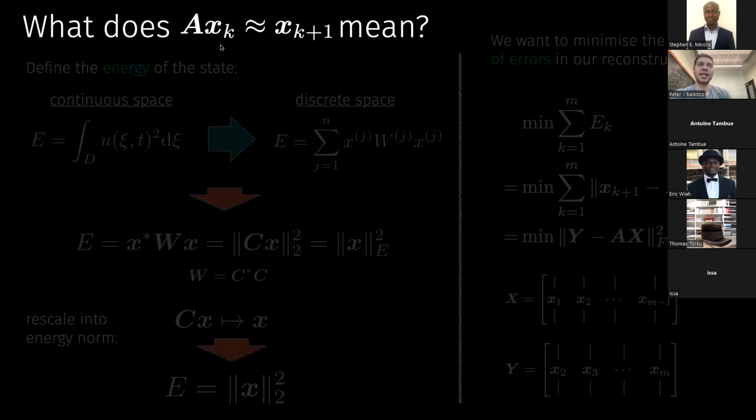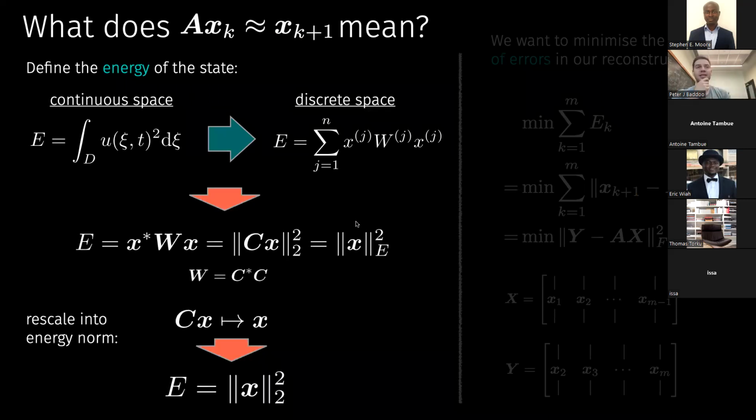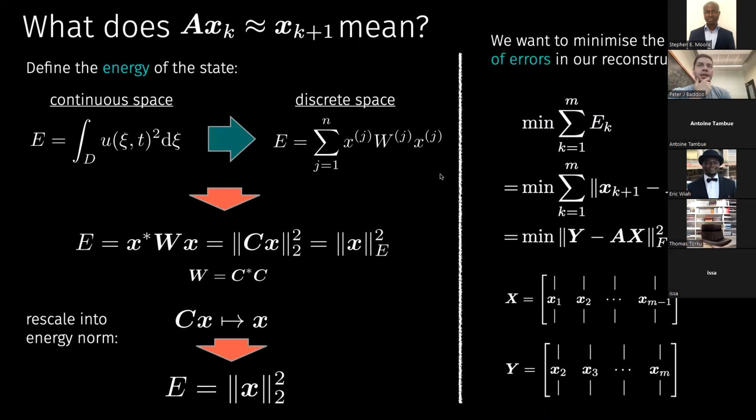When we say that A of xk is approximately equal to x of k plus 1, we mean this in the sense of energy. So we mean that the energy of x of k plus 1 should be approximately equal to that of A of xk. Oh, sorry, I really mean the difference of the energy of these things. That'll become clear when we go on to this slide.